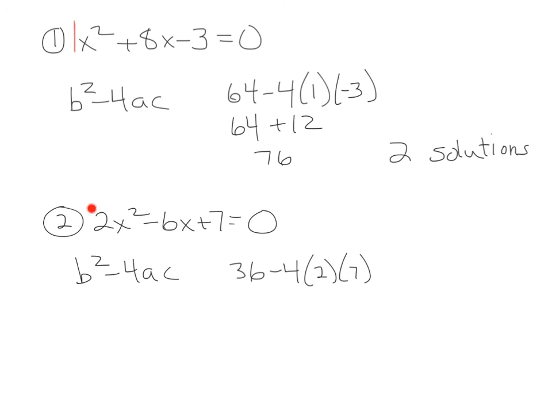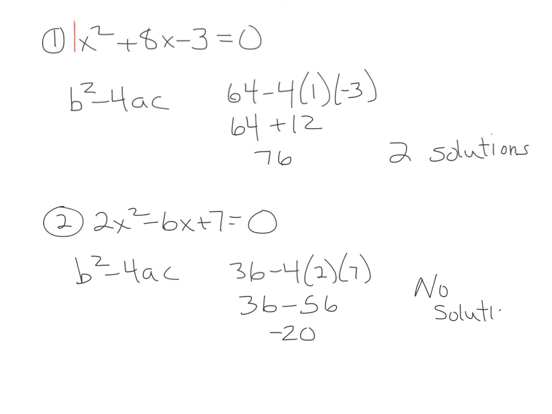That's all we're doing in these problems. We're not figuring out the solutions, just how many solutions there are. So 36 minus 4 times 2 times 7, which is 56. That's negative 20, so negative 20 will be under the radical. You can't take a square root of negative 20, so this would have no solutions.